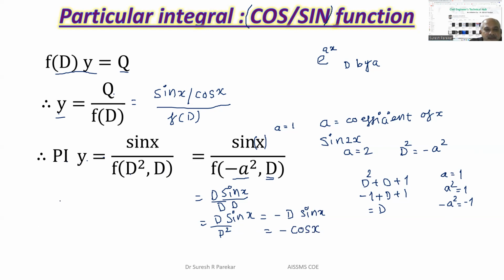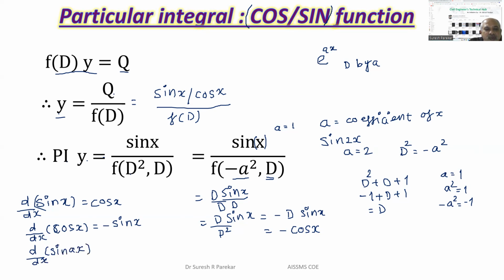Now, those from a diploma stream have to keep in mind the derivatives: d/dx of sine x is cos x, and d/dx of cos x is minus sine x. Now d/dx of sine ax, meaning sine 2x, sine 3x, is a into cos ax.